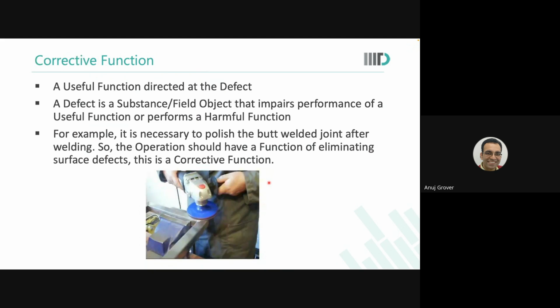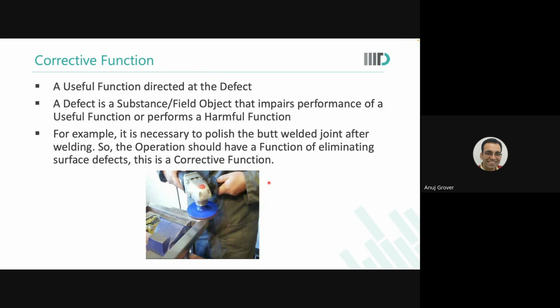And then we look at the last type of functions, which are corrective functions. So what we just talked about, removing extra plastic from the bottle, that is a corrective function. Something was done, there was some excess or something missing, you had to compensate for it, that is a corrective function. Compensation or removal of extra material, both are corrective functions.